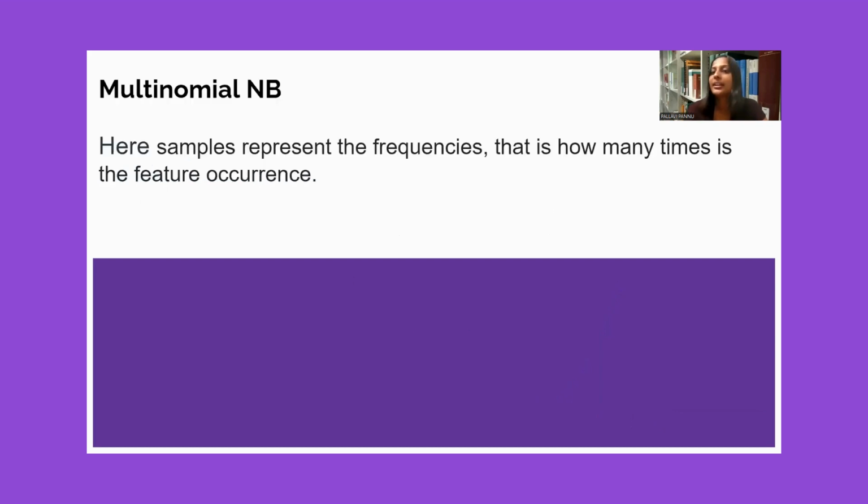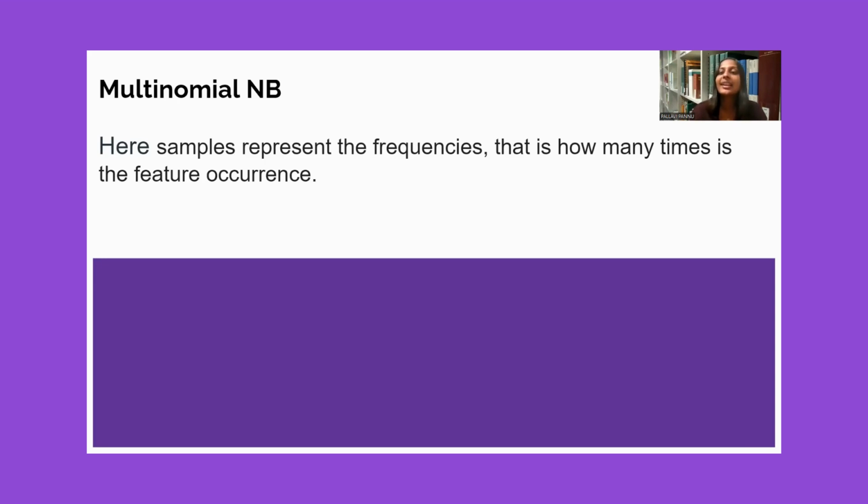Next is the multinomial naive-Bayes. Here basically the samples represent frequencies. Frequencies is basically how many times something is occurring. When will it be useful? For example, in text classification, you have a sentence and a vocabulary, and each word repeats some number of times, right?